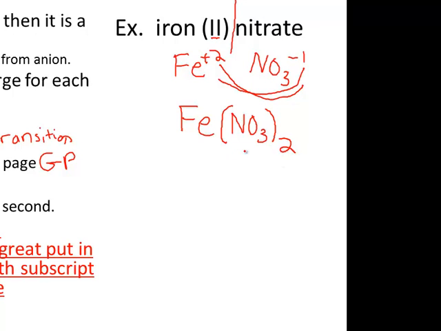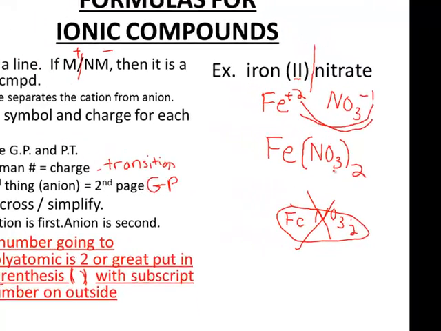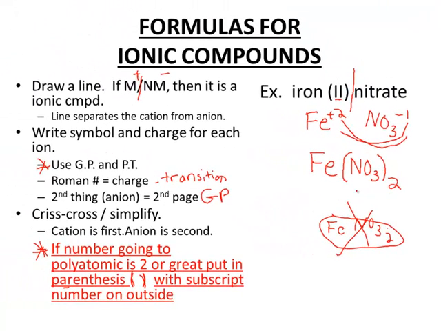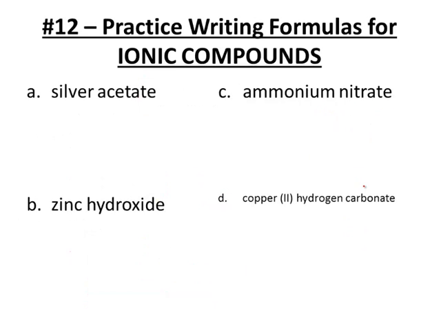So we're taking 2 NO3s is what this is showing, not writing it NO3 with a 2 next to it, so it looks like NO332. Nope. We need to write it out NO3 in parentheses with the 2 on the outside, showing that we have 2 NO3 groups.